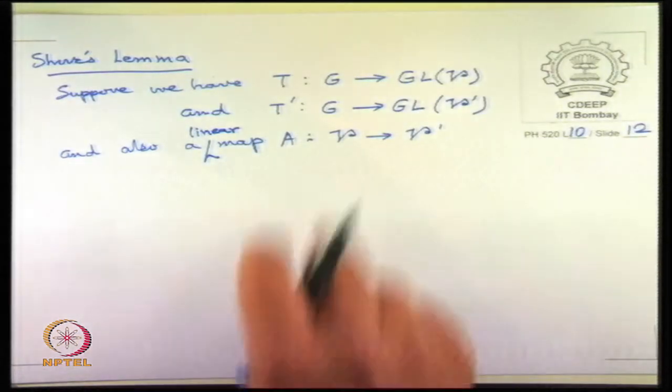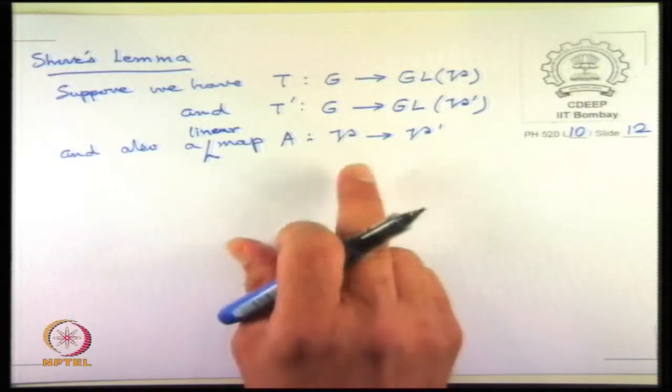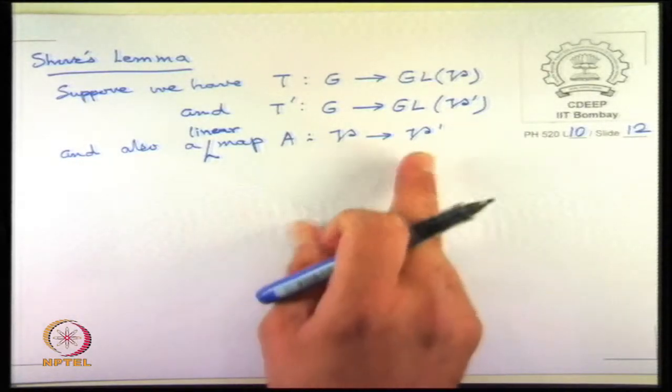So, these are the m by n matrices that convert a size n space into a size m space.